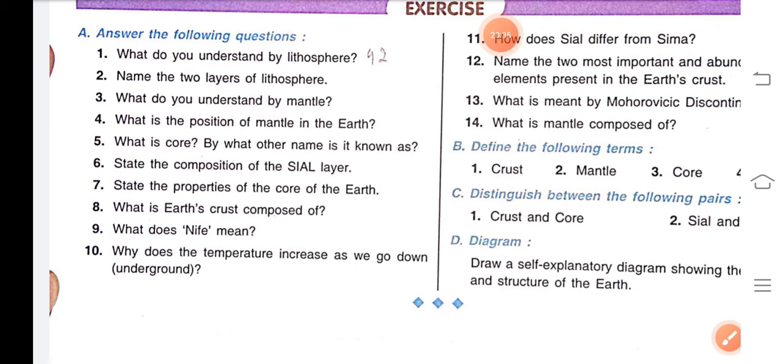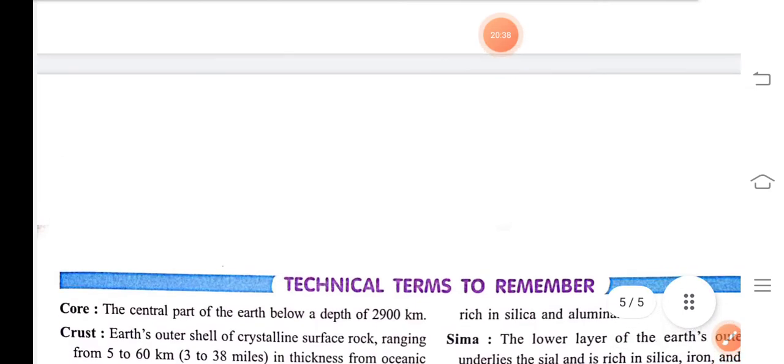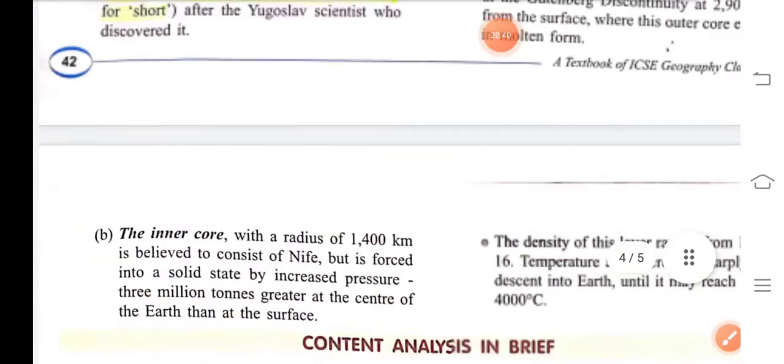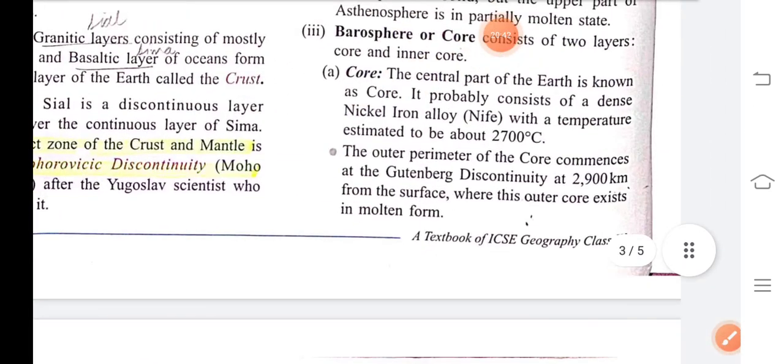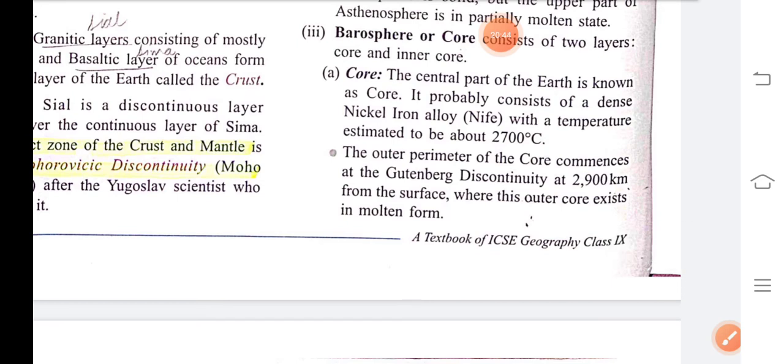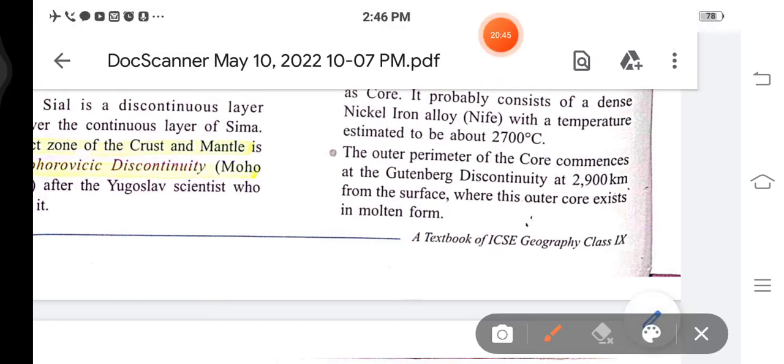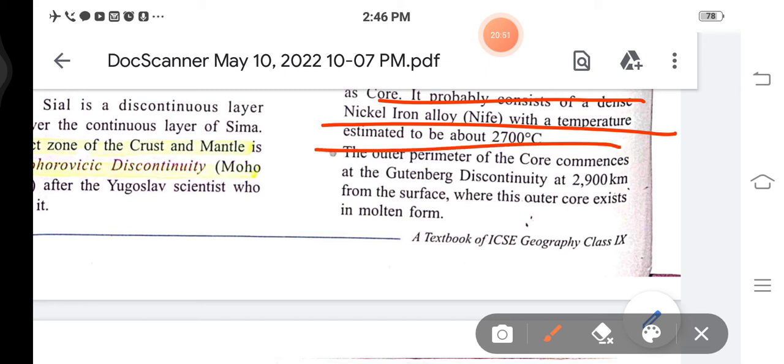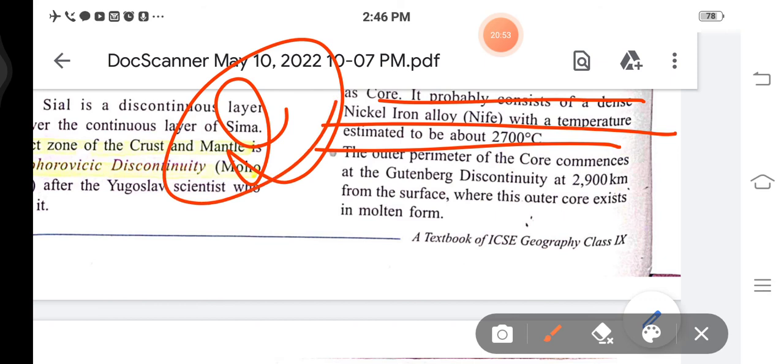State the composition of the crust layer: silica and aluminium. State the properties of the core. Here we did the properties of the core. The first property you can write is that it consists of Nife, and the temperature is what you can write. These two points you got, you can write them in points.